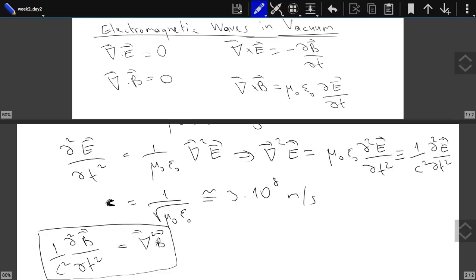Now let's see. The electric field satisfies this equation. And this constant over here doesn't depend on what creates the electric field or what creates the wave.